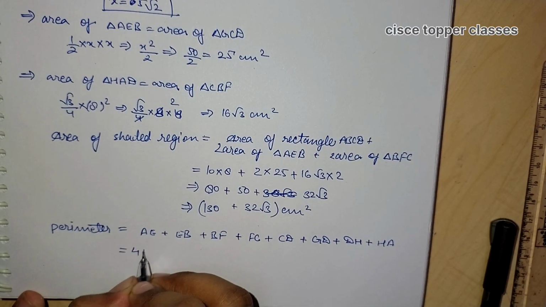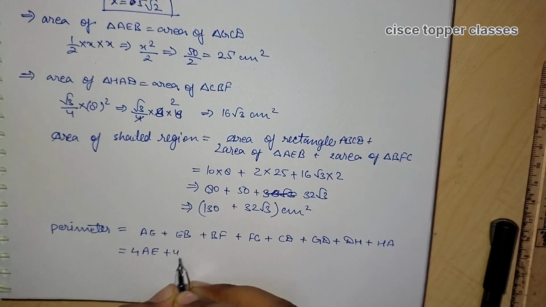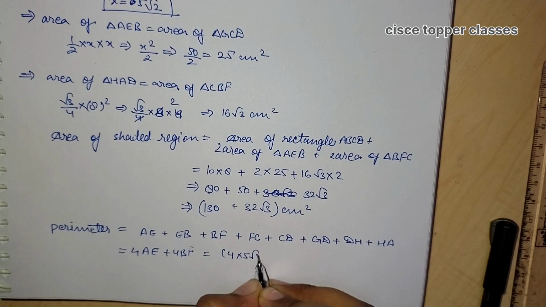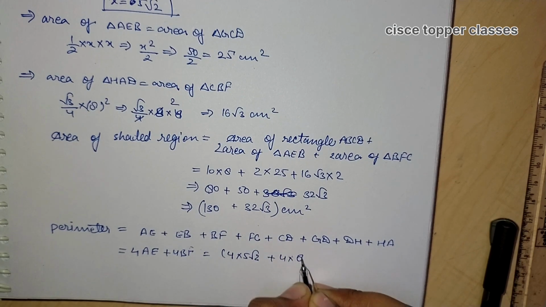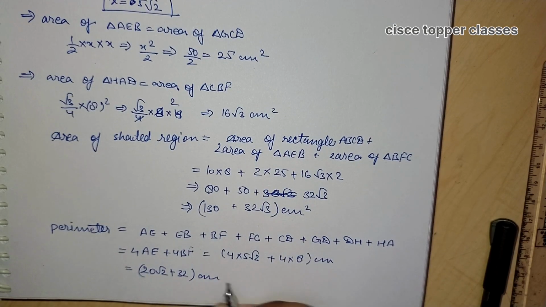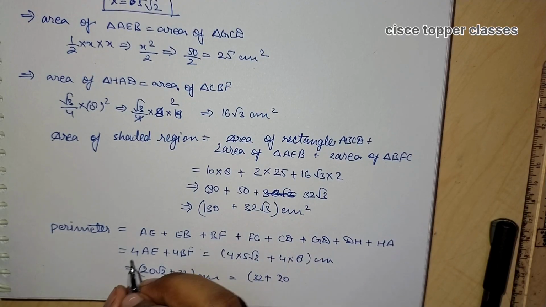So this will be 4AE plus 4BF equal to 4 into 5 under root 2 plus 4 into 8 centimeter. So this will be 20 under root 2 plus 32 centimeter, equal to 32 plus 20 under root 2.